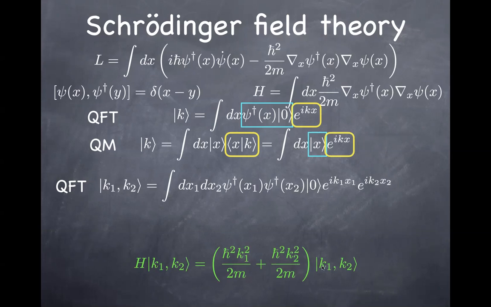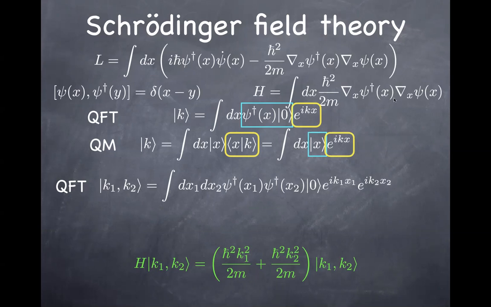So the first particle has momentum h bar k1. So this is p squared over 2m for the first particle. The second particle has wave vector k2, therefore momentum h bar k2. So the p squared over 2m kinetic energy is given by this. And what you can do is, again, literally take this Hamiltonian written in fields and let this Hamiltonian act on this state.